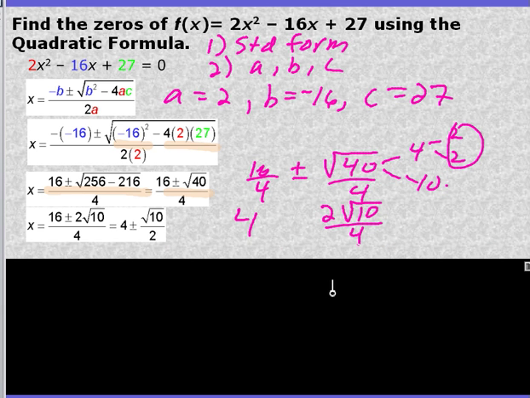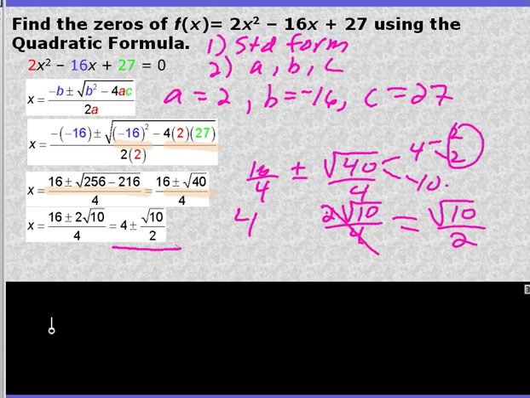And notice we can simplify this by dividing a 2 out of this and this to get down to the square root of 10 over 2. So this would be our final solution, 4 plus or minus the square root of 10 over 2. Don't turn it into a decimal, leave it as a radical expression because we want the exact answer.